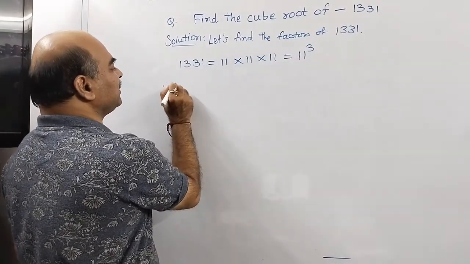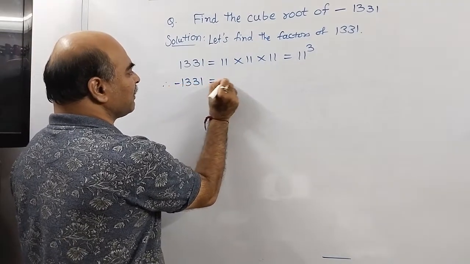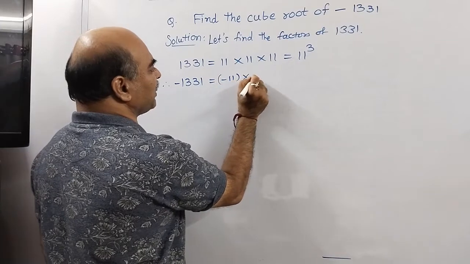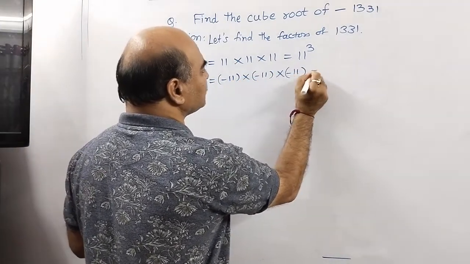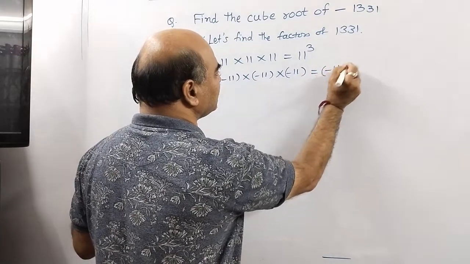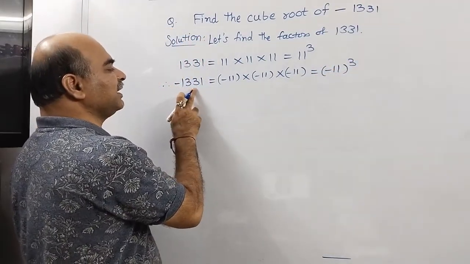So obviously a minus number gets minus factors. So minus 11 into minus 11 into minus 11, the cube of minus 11, is minus 1331.